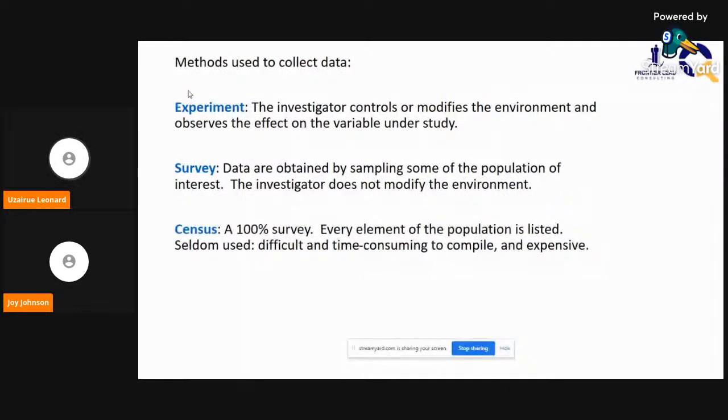Just like when a country tells you that they want to do a census, it's telling you they want to count everybody in that population. A survey is usually a sample of the population. You cannot study the whole population, so you do a survey within a population. But when you are studying the whole population, it's no longer a survey, it's actually a census.